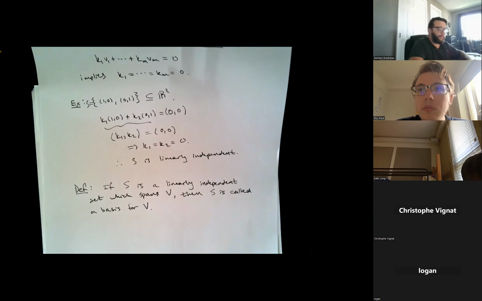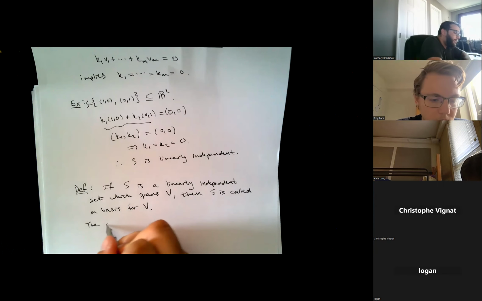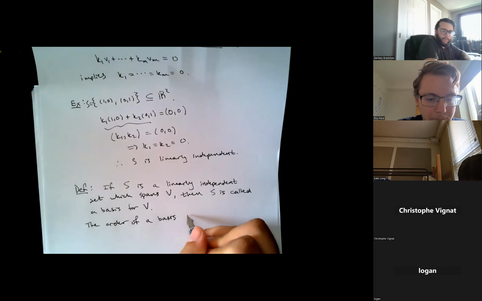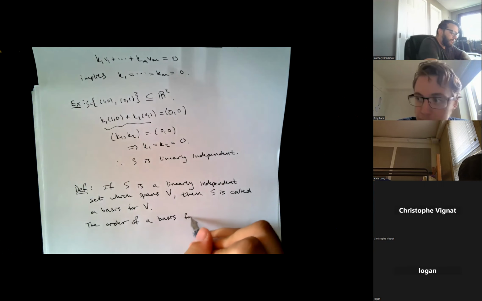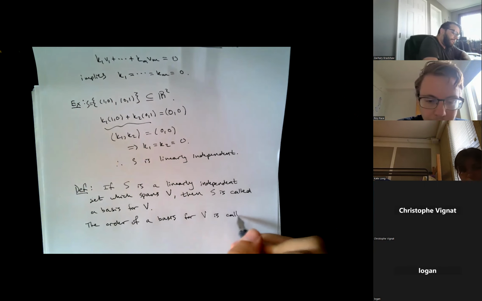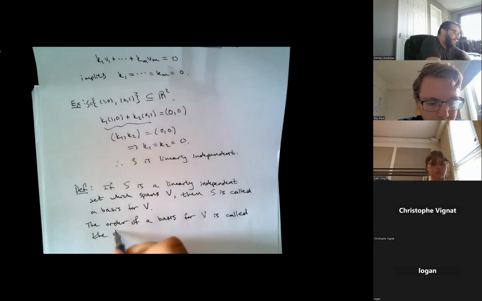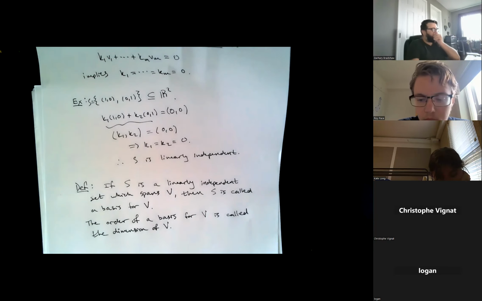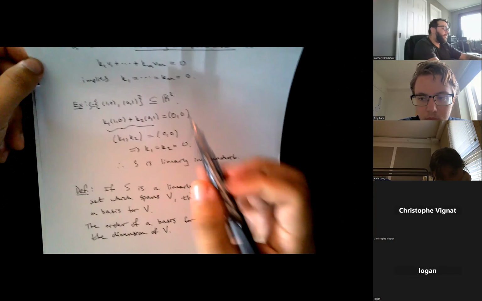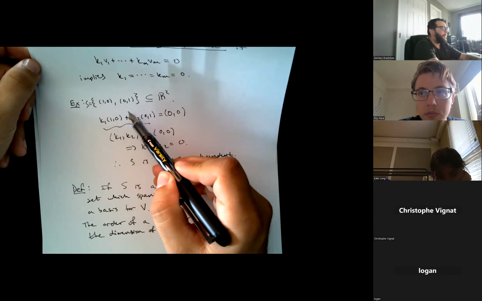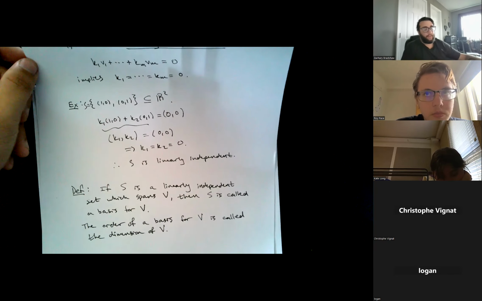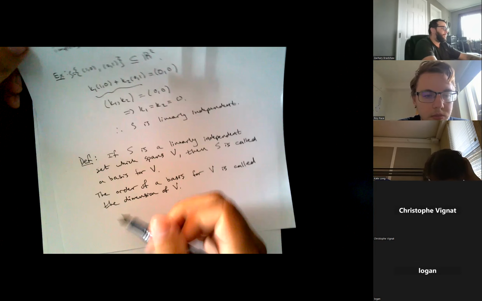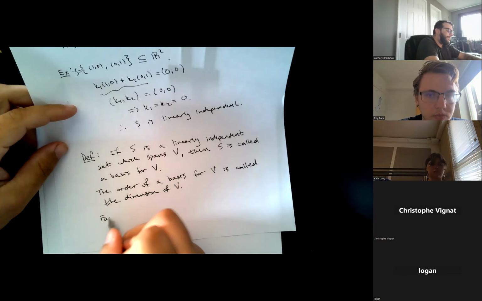I should also say that the order of a basis for V is called the dimension of V. So R2 is two-dimensional because it has two basis vectors. Okay, so there's a fact that I won't prove because there's too much to get through here.